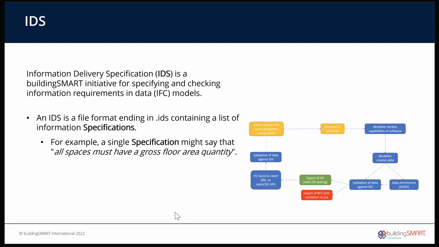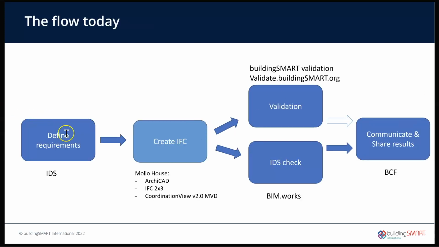All waiting spaces must have a property about accessibility. So there's a couple of those examples. So again, when you create those in this flow, you can create an information delivery specification of what you need and what objects, what kind of properties or classification references or materials objects need to have. Then the IFC data is created, and you can check if it's valid.